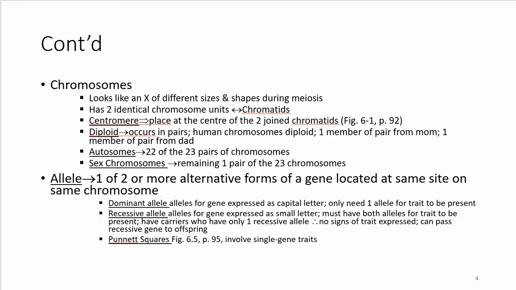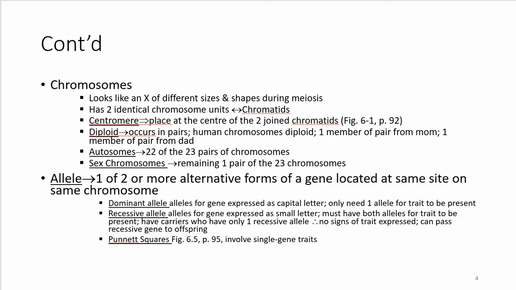So the dominant alleles are the ones that express into the phenotype. The recessive alleles are the ones that you just carry, and the trait isn't expressed. But you can pass on that allele to your kids. So it may get expressed in a generation or two or three. It kind of moves down the chain that way.